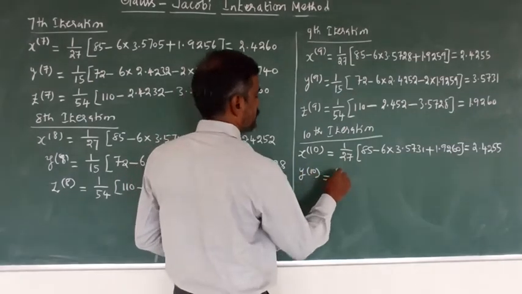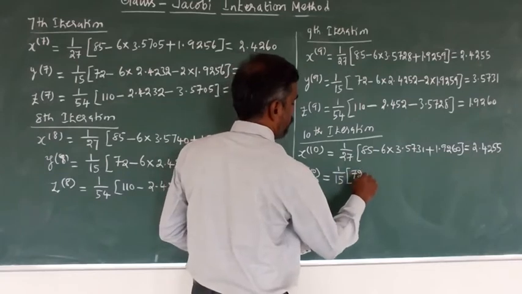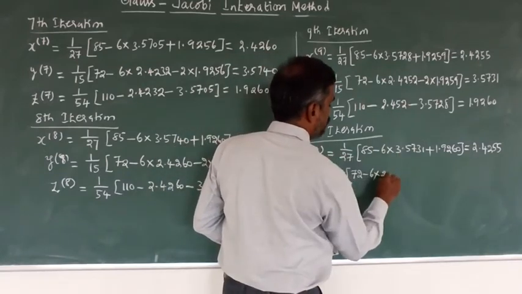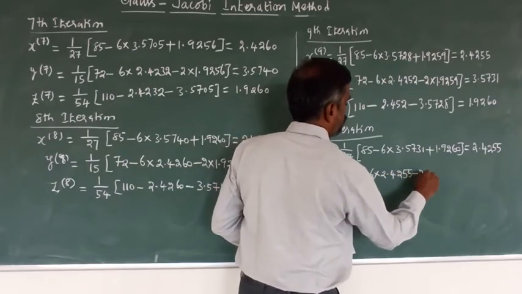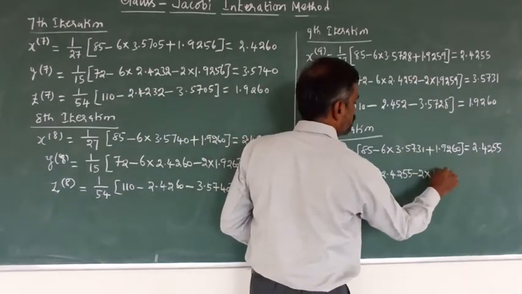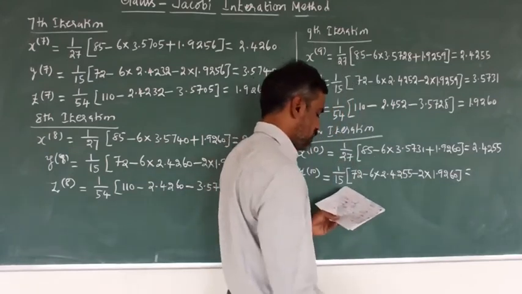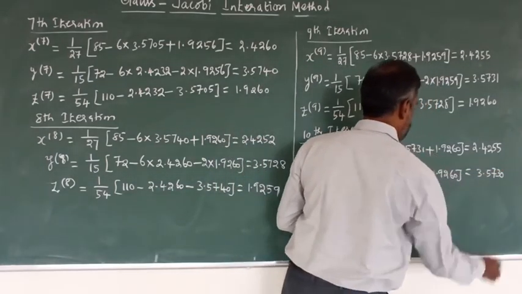And y10 equals 1 divided by 15 within bracket 72 minus 6 into x value 2.4255 minus 2 into z value 1.9260, and simplify, we can get the result 3.5730.